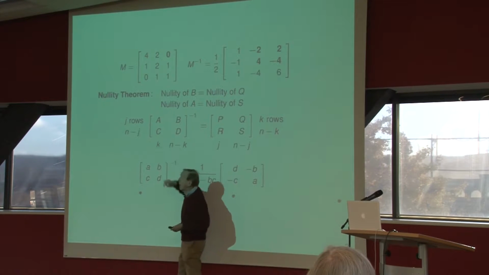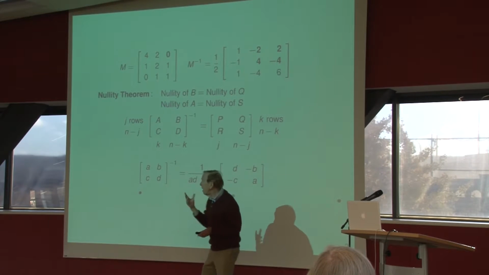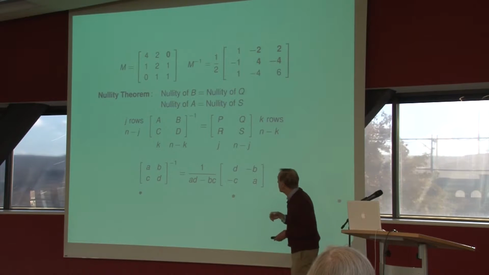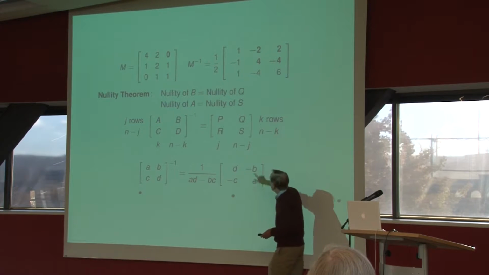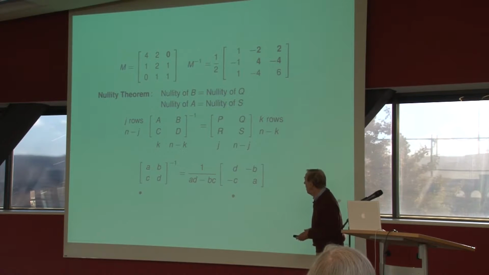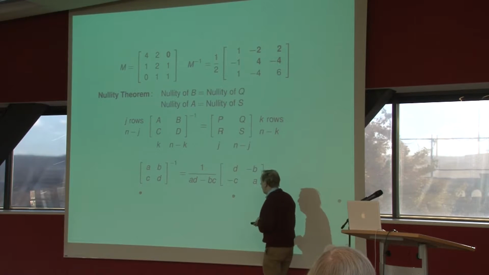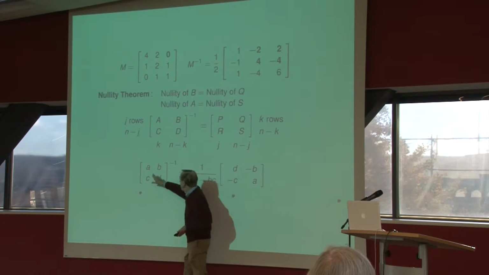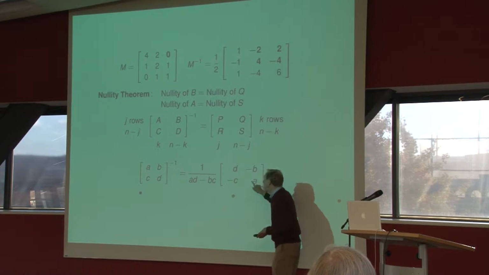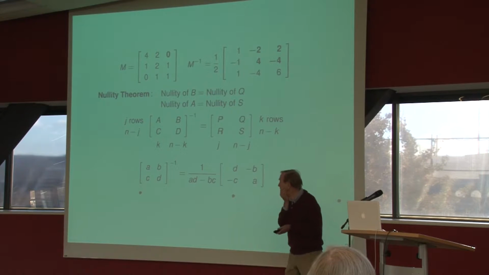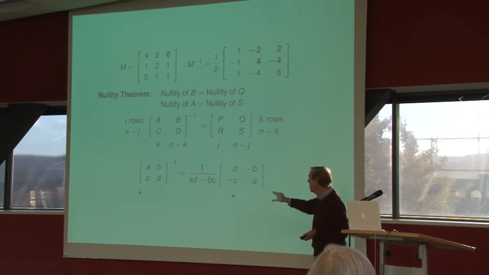nullity of A, that's the number of solutions to Au equals 0, equals the nullity of S down here in the inverse. Well, in the 2x2 case, that would just mean that A is 0 when that position is 0. Of course, completely clear for 2x2.